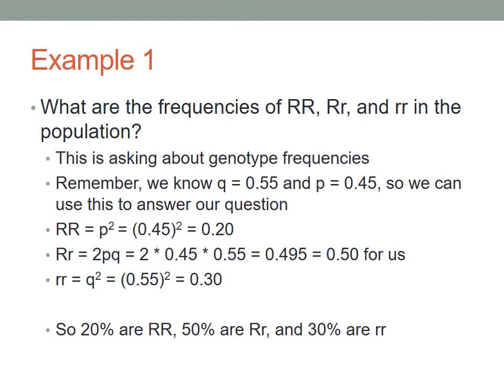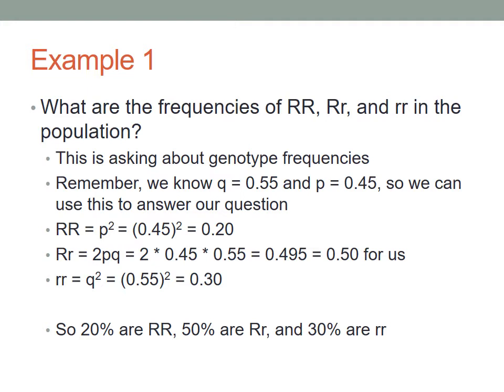For the heterozygote, that big R, little r, that's represented by 2PQ. So we're going to do 2 times P times Q. 2 times 0.45 times 0.55. That equals 0.495, but we're going to round up to 0.5.